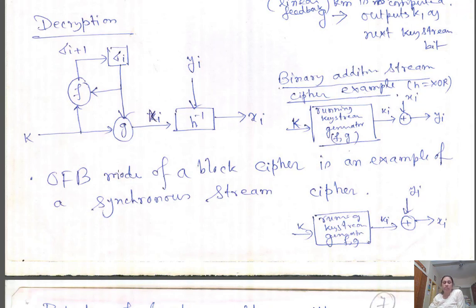This mode of block cipher is an example of a synchronous stream cipher, because the key stream you generate uses only the given key. It does not depend on the previous ciphertext values or previous plain text digits.